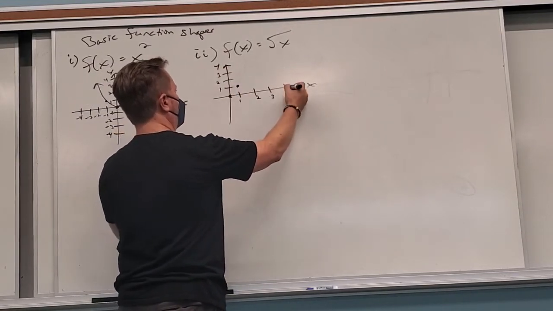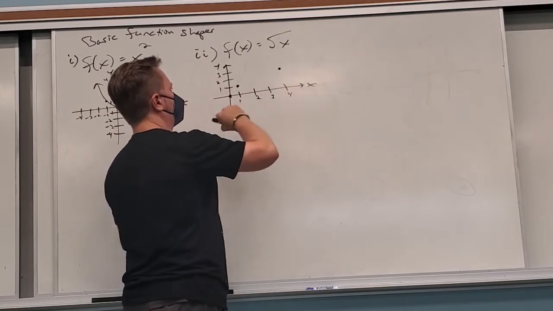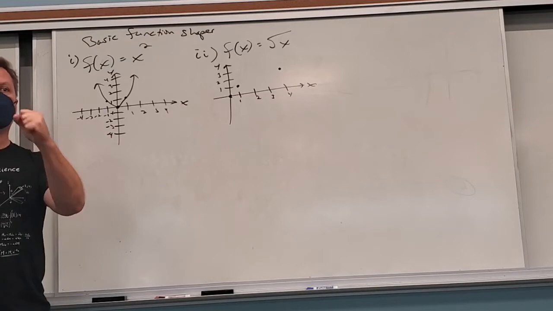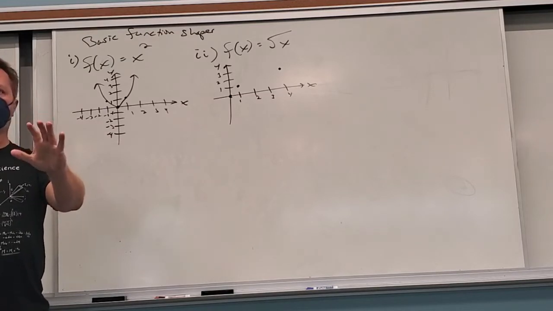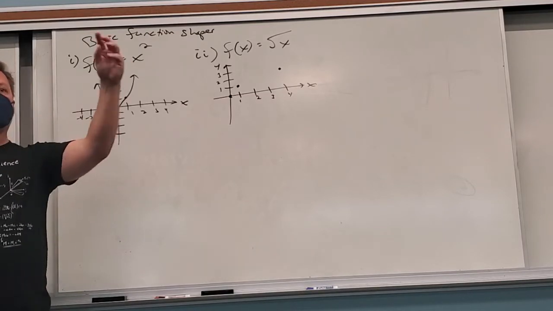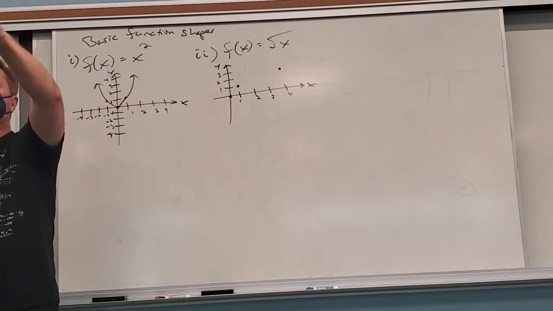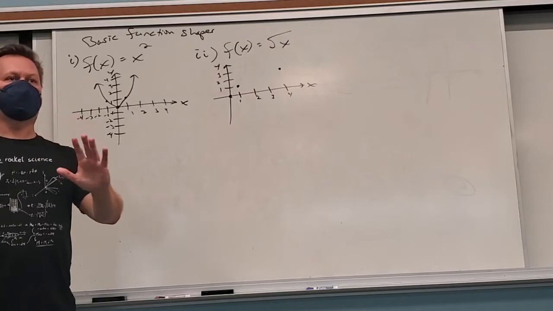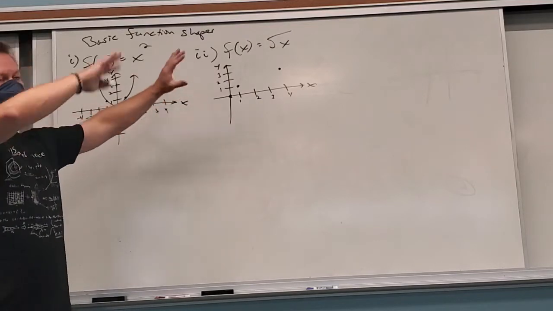What about 4? 2. And obviously, you can see why I picked 4, because it comes out with 2. So those are my anchor points for a square root function. Are you guys with me so far? If you remember the shape and some anchor points, you just have to move the points and then redraw the shape. It's insanely beautiful if you know your anchor shapes and points.